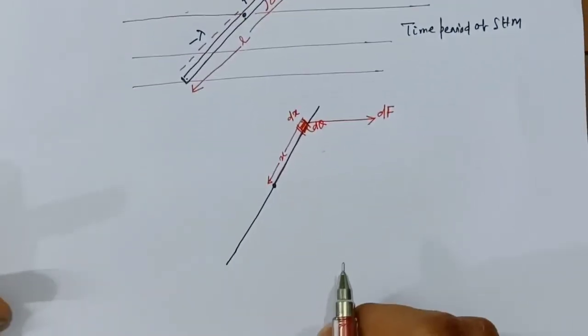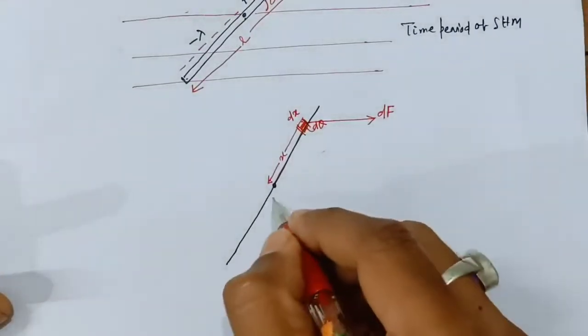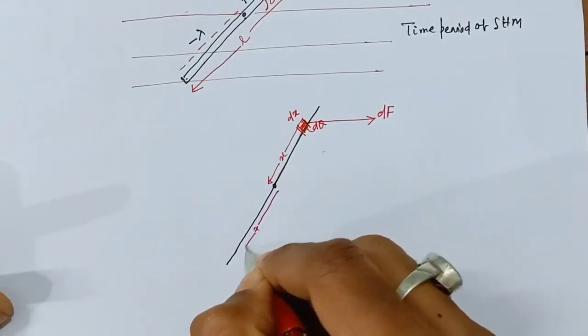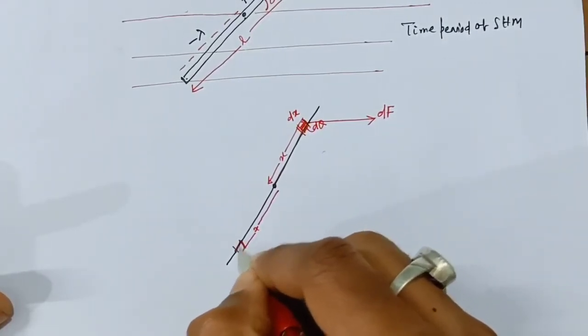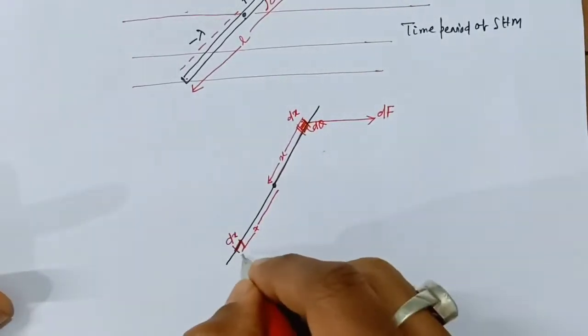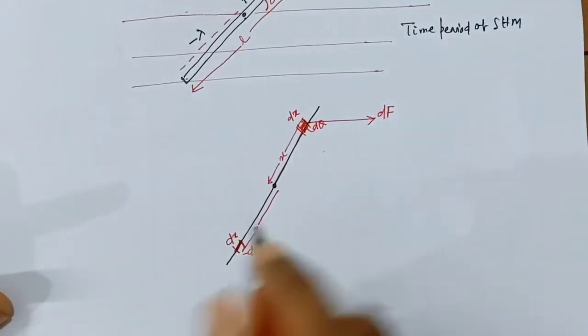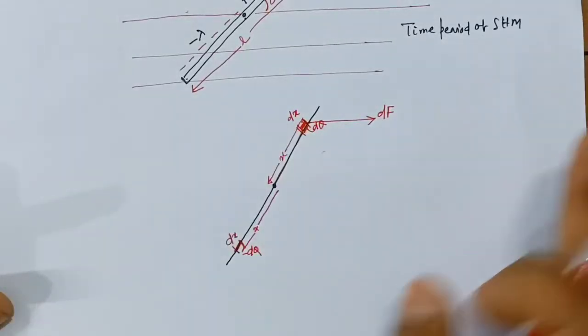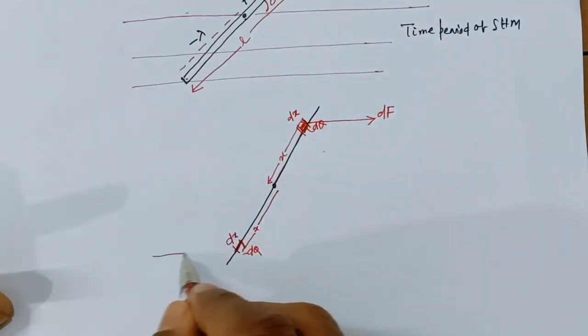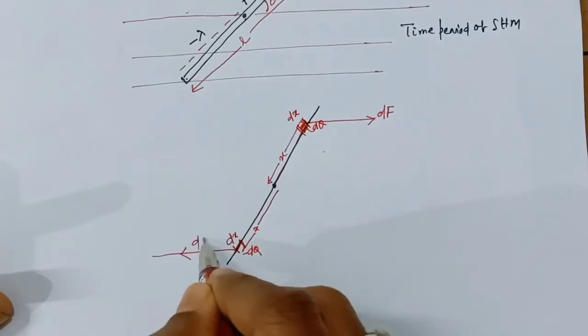In a similar fashion, in this section I consider a small element dx at distance x. This is the positive charge, and here the negative charge is dq. The electric field will be like this; on the positive charge the force will be like this, and on the negative charge the force will be like this.